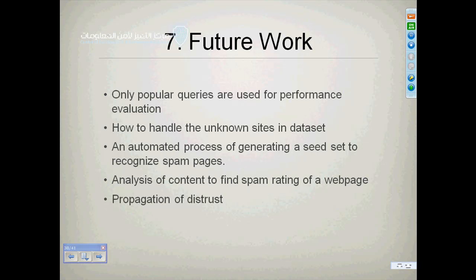A lot of this information about how to calculate trustworthiness is based on link information, and we want to make it more sophisticated by extracting additional features based on content, analyzing the page content itself and incorporating into the ranking not only evidence of spam via links, but also evidence of spam via content.